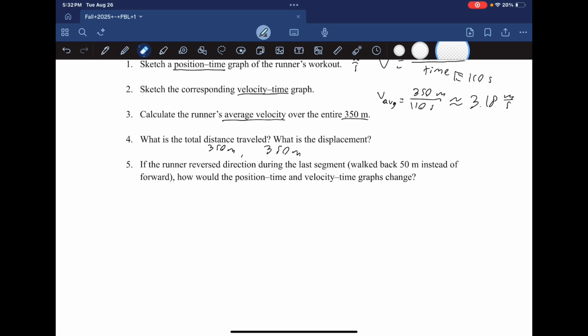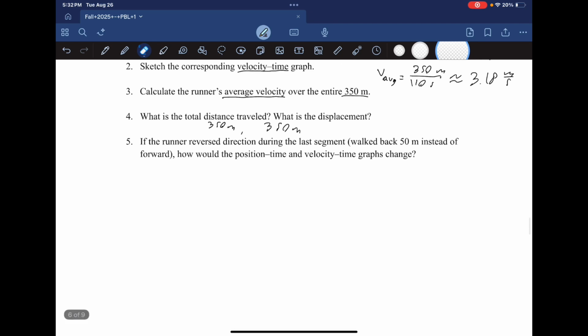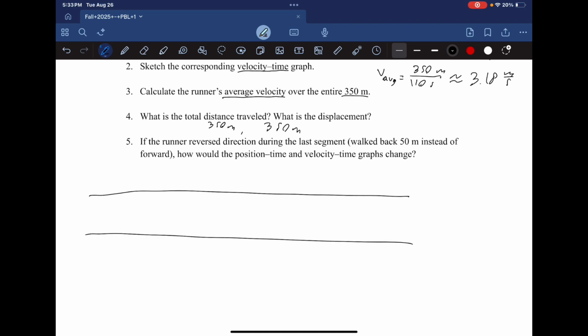But for this last problem, it says, what if he reversed direction during the last segment and walked back 50 meters instead of forward? How would the graphs change? Instead of redrawing those graphs, I'm going to show you with our track again. So here's our track. It's still 350 meters.